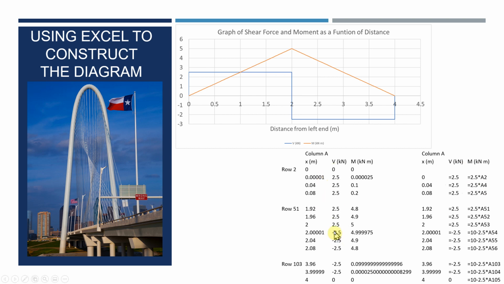Constant, and then when it gets halfway, it goes to negative 2.5 kilonewtons for the shear force, and moment is 10 minus 2.5 times x. Okay. So this is how to program the graphs in Excel. Just wanted to show you guys that.